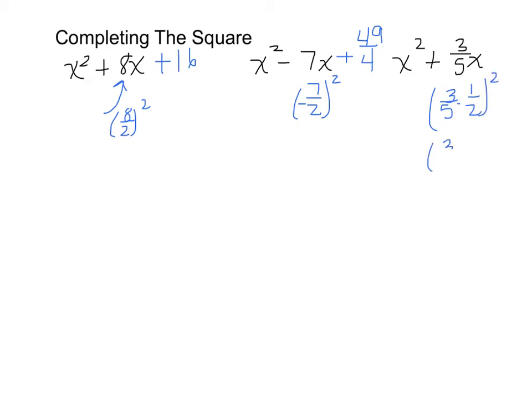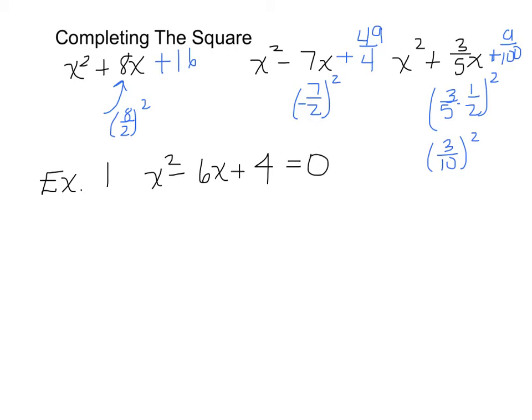So that's 3/10 squared. That's 9 over 100. So that's how you complete the square. So we're going to use this method to help us solve quadratic equations.